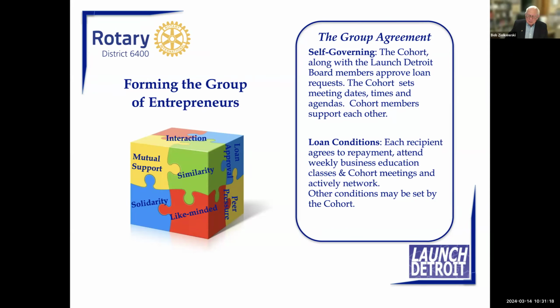It's because our entrepreneurs realize that they've come into the program and they find support in other ways so that they don't have to take on the burden of a loan. They find support in the mentoring, in the networking, and in the business education that they get. But when they are ready, they can take that loan.